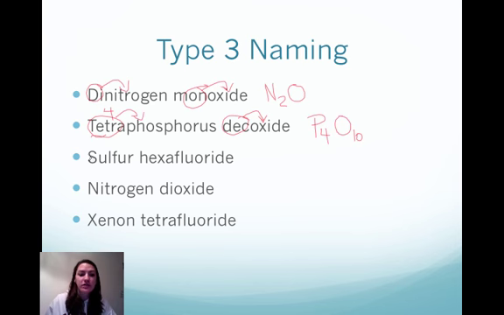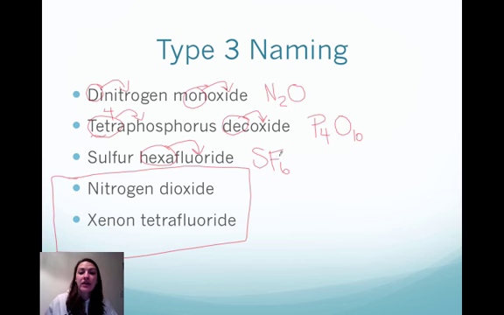It's the first, so that means there's 1 sulfur. Hexafluoride. Hexa means 6, so we've got sulfur, 1 of them, fluorine, and there are going to be 6 of them. I would like you to try these remaining 2 in your notebook. Again, look for the prefix and then what it's describing.